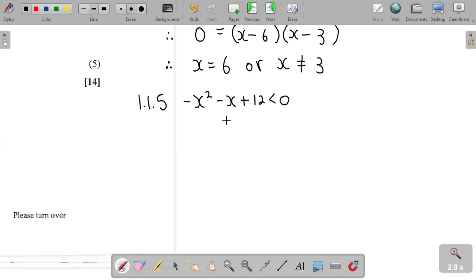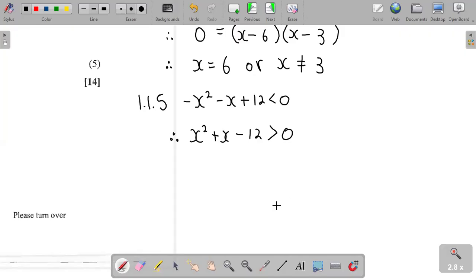So before we try to factorize here, we should try and make the coefficient of the square, the highest order, positive. So we change everything, okay? So we say x squared plus x minus 12 is greater than 0.